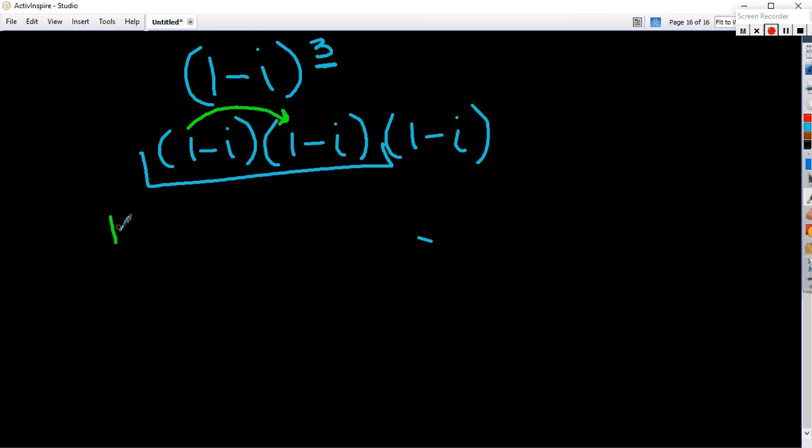1 minus i, minus i. What's negative i times negative i? Positive i squared, right?